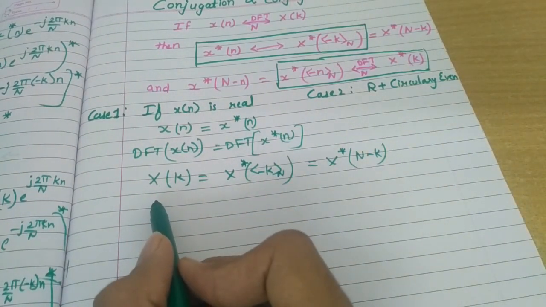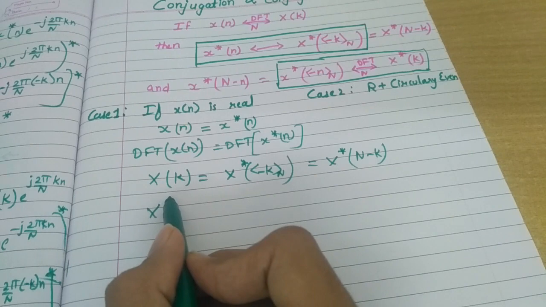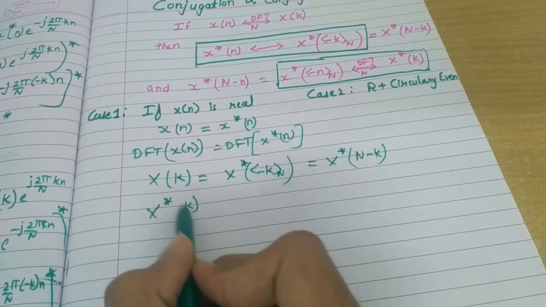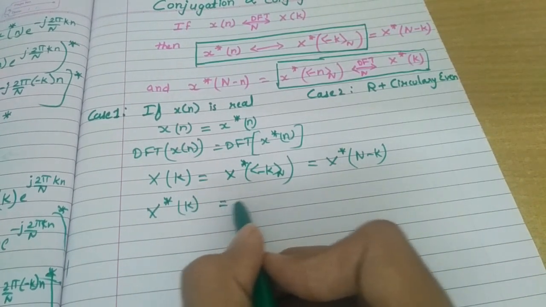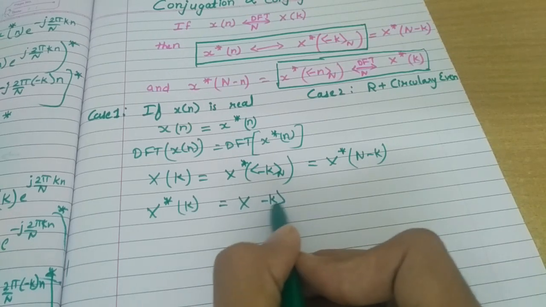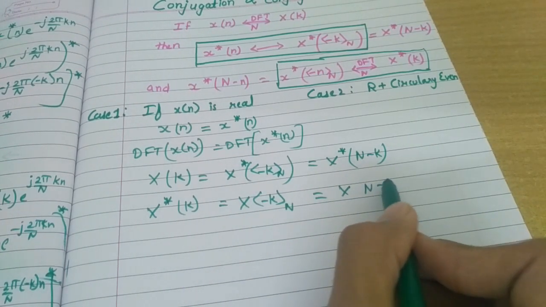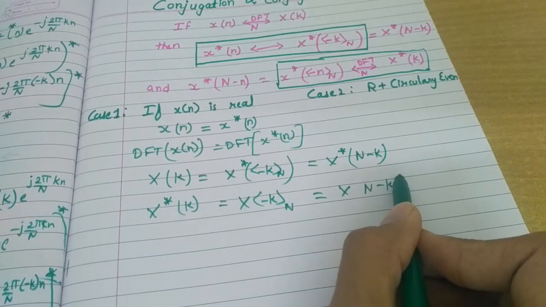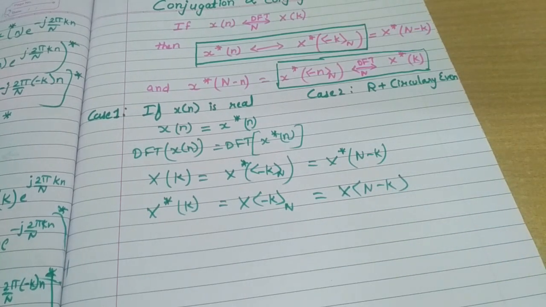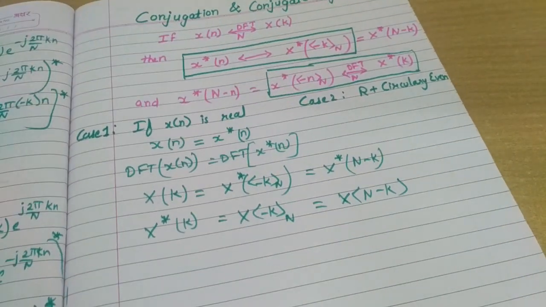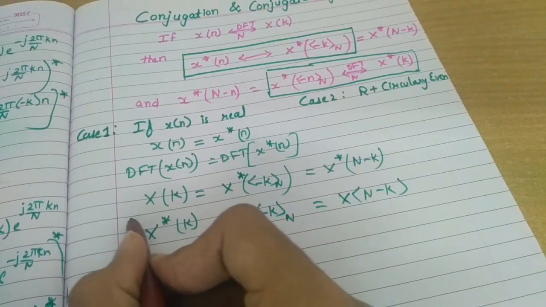And similarly, taking the conjugate of this, the conjugate of conjugate will be as it is, and it can be further modified like this if you want. Clear? So it proves a very important point, let me write it in a different color. So what does it mean?